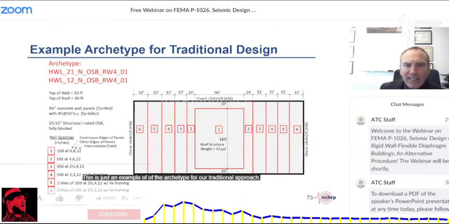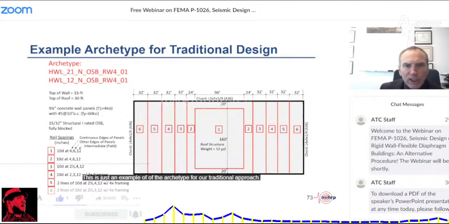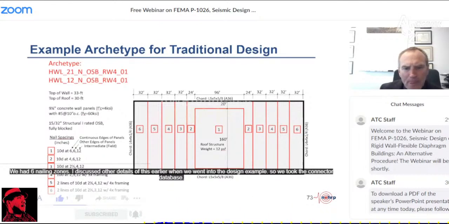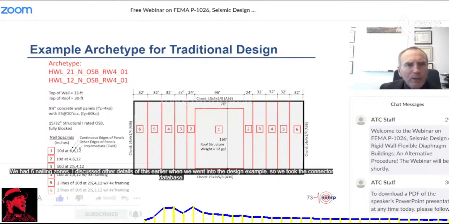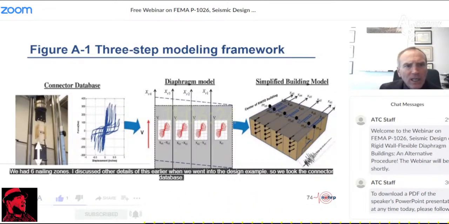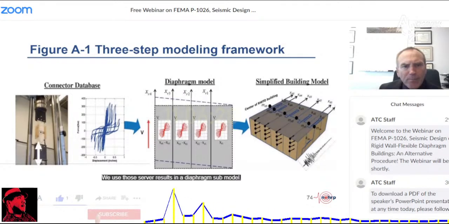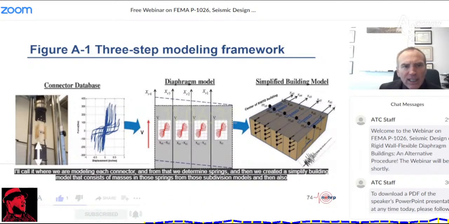This is just an example of the archetype for a traditional approach. We had 6 nailing zones. I discussed other details of this earlier when we went into the design example. So we took the connector database and used those results in a diaphragm submodel, I'll call it, where we were modeling each connector.